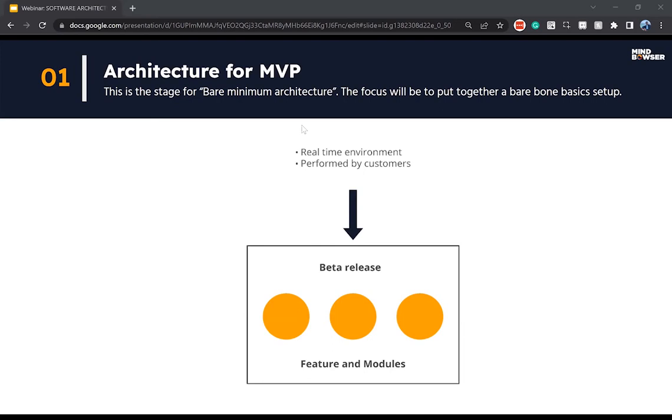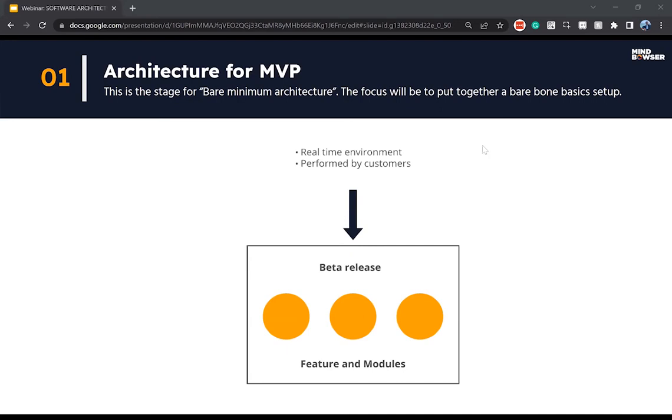In the alpha release, we will not consider much about security or reliability. Only the developer is going to test that alpha release. The development team will ensure that all the functionalities are met in this system, including the functional requirements and non-functional requirements (NFRs). That is a part of the alpha release.